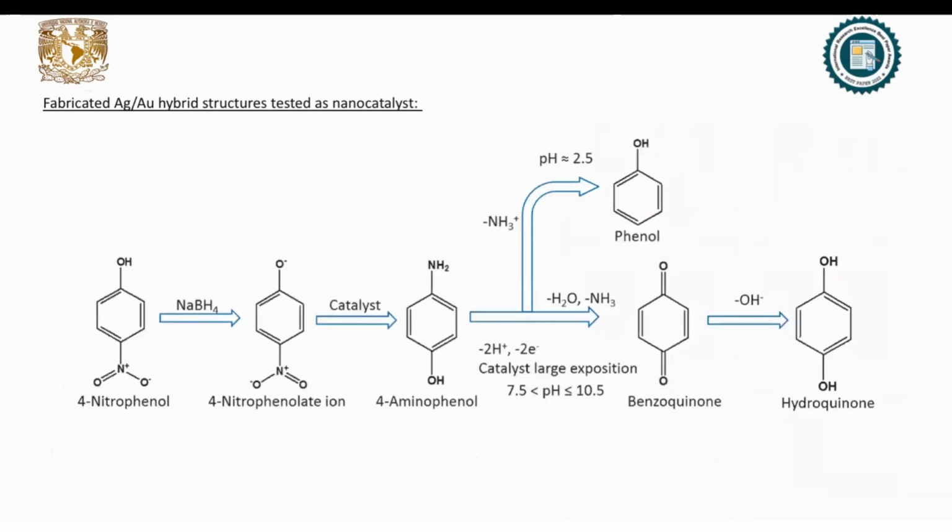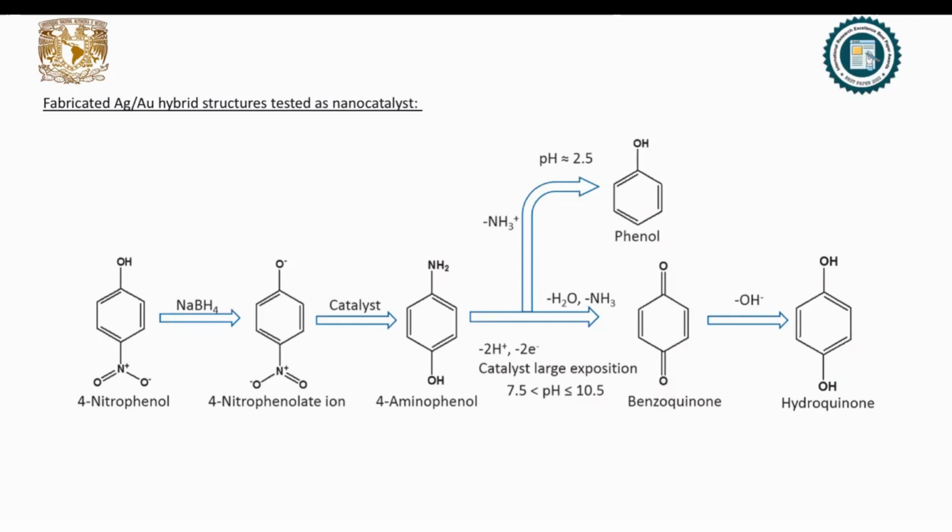Here we are also reporting a small schematic representation of how the mechanism goes in the reduction of 4-nitrophenol, and what happens after that. Up to today, there are studies only up to 4-nitrophenol to 4-aminophenol. After that, nobody showed through spectroscopic studies what is happening.